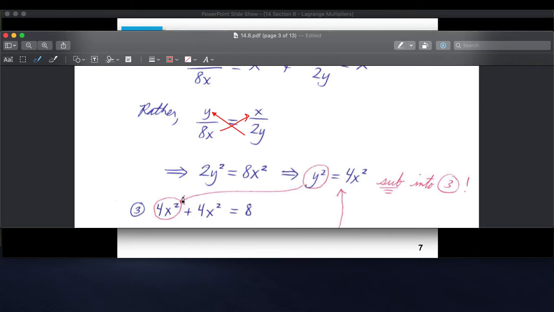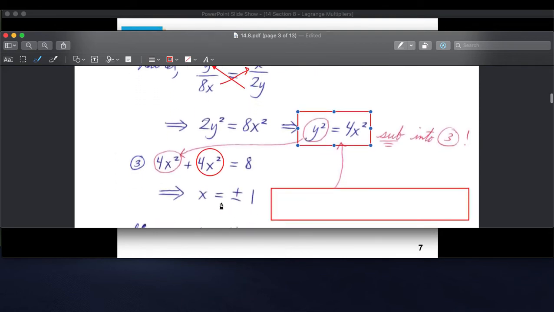I should have circled the second term instead, but I think you get the idea. And then we solve for x, we end up getting plus or minus 1, of course.